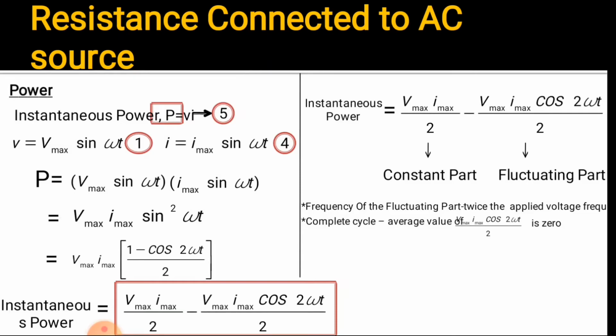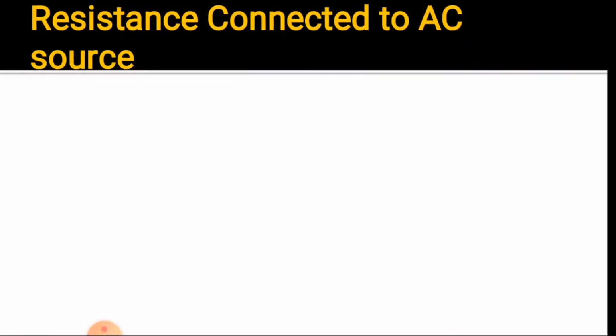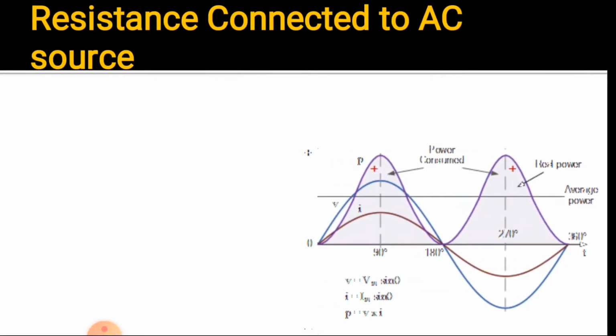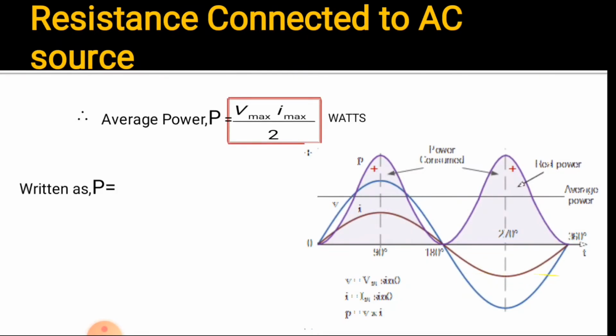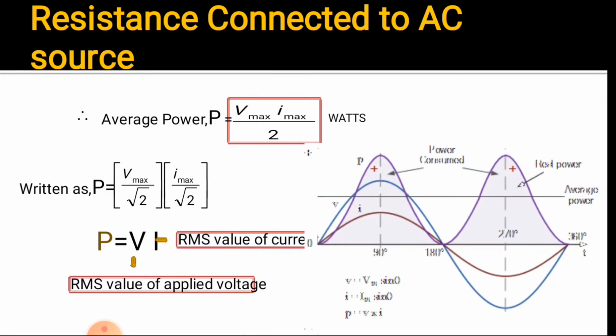Therefore, the average power in this circuit is P = Vmax Imax/2 watts. Writing 2 as √2 × √2, this can be represented as P = (Vmax/√2) × (Imax/√2). Considering Vmax/√2 = V and Imax/√2 = I, V represents the RMS value of the applied voltage and I represents the RMS value of the current. Finally, P = V × I watts.